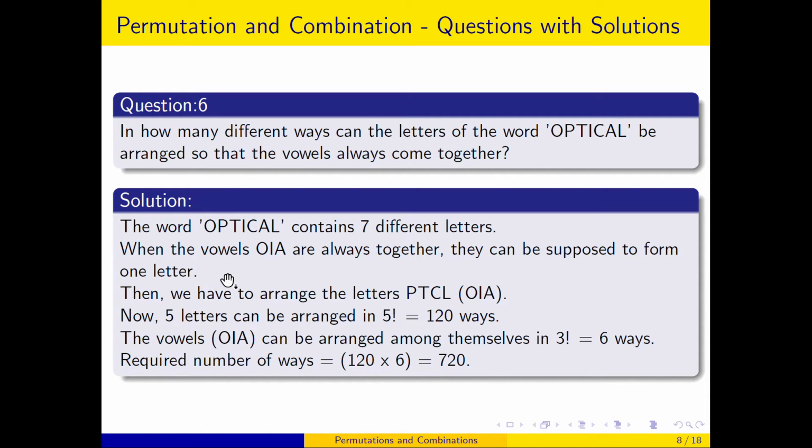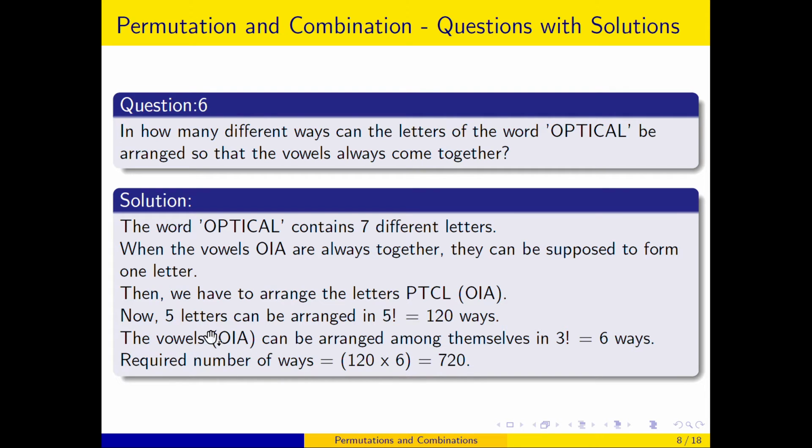When the vowels O, I, A are always together, they can be supposed to form one letter. Then we have to arrange the letters as consonants plus vowels. Here the consonants are P, T, C, L and the vowels are O, I, A.